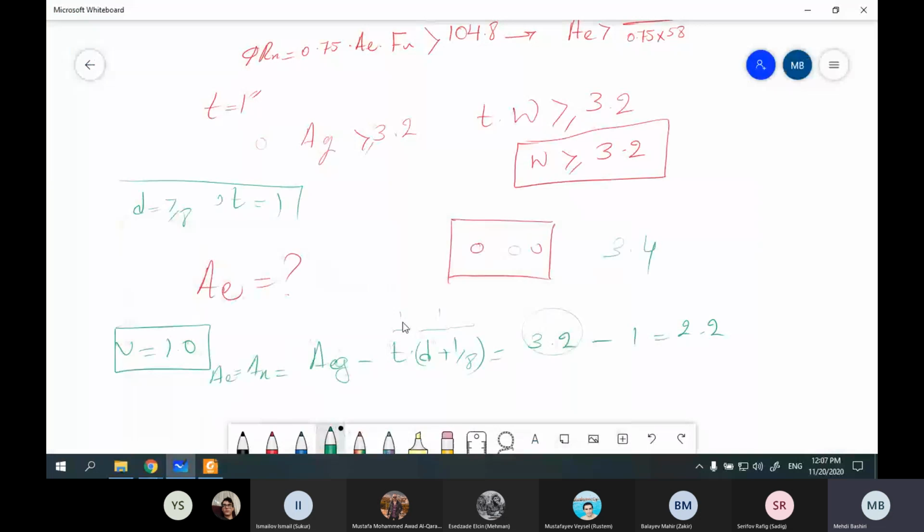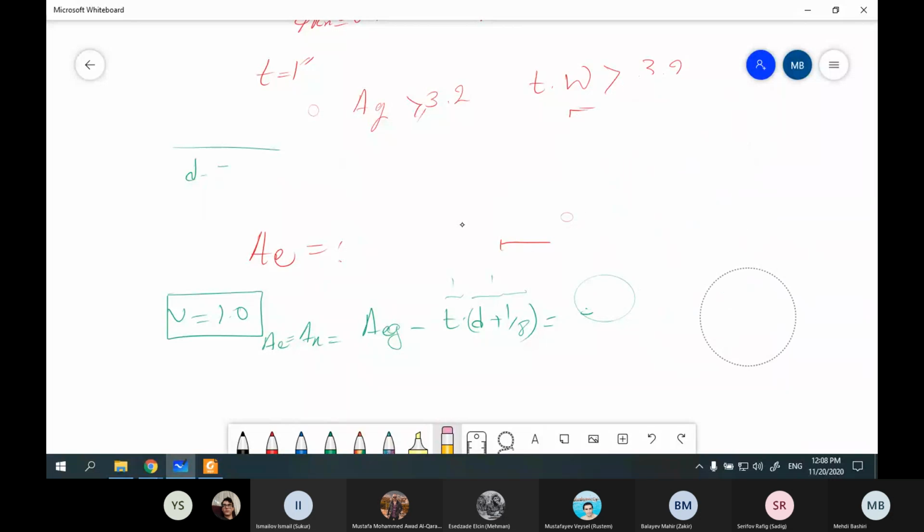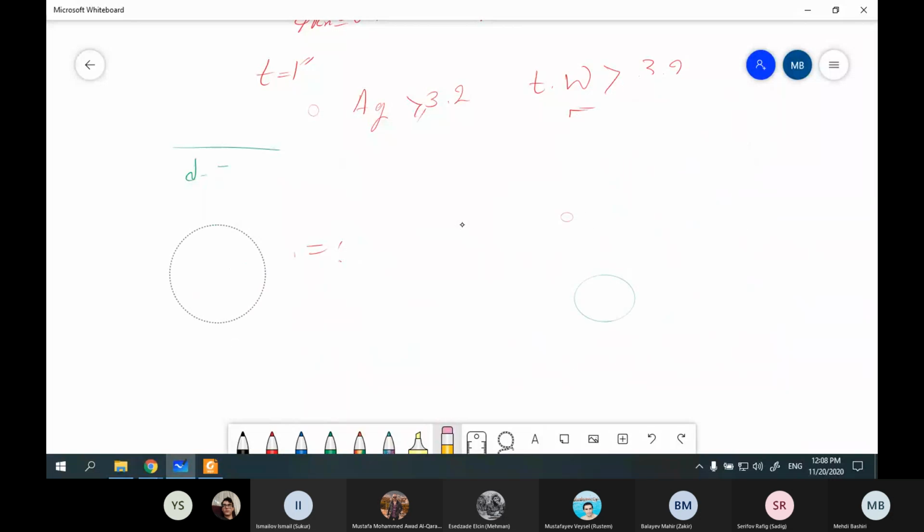Let me explain again. I told you that Ag should be greater than 3.2. We called the factory and they said t equal to 1 is available, right?